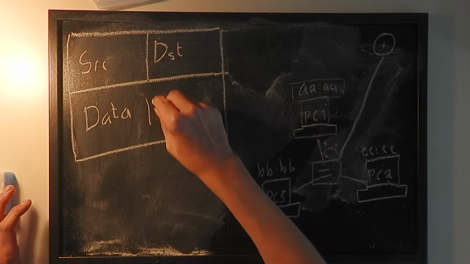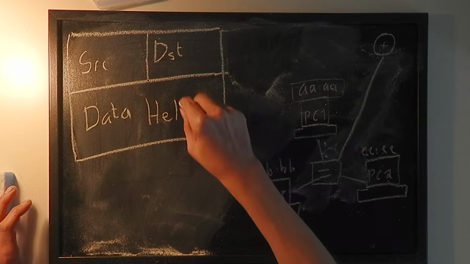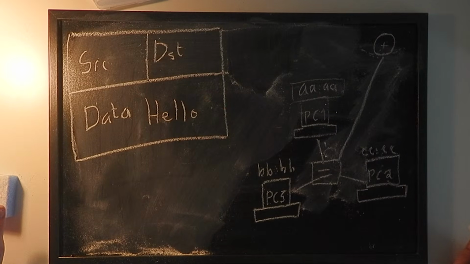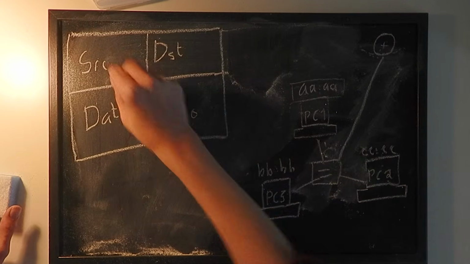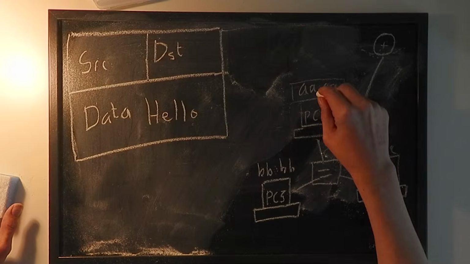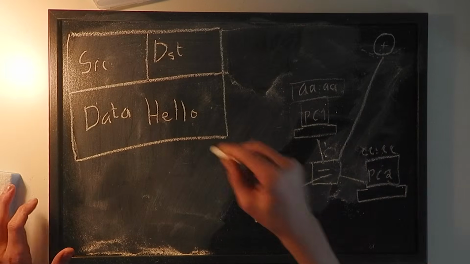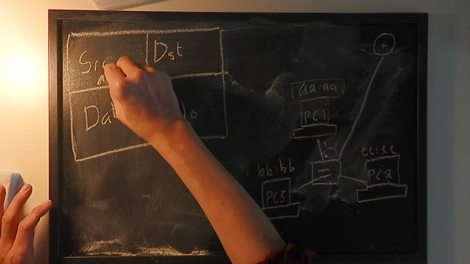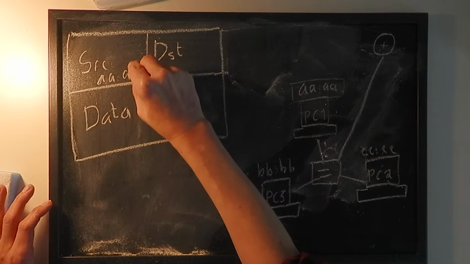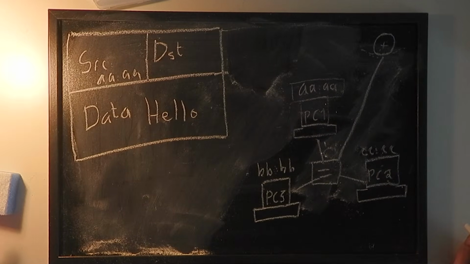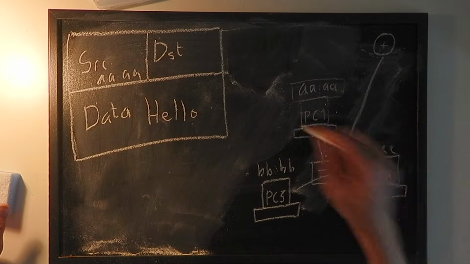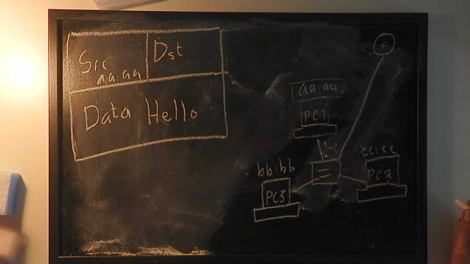So the data field will contain the hello message, and the source address is of course PC1's MAC address. So let's put AAAA in here. But before we can send this, we need to put something in the destination. And what do we put there?